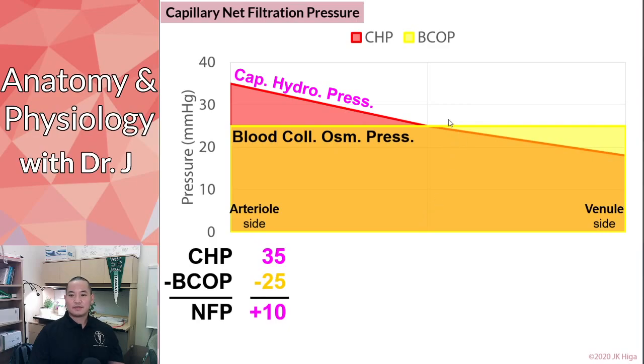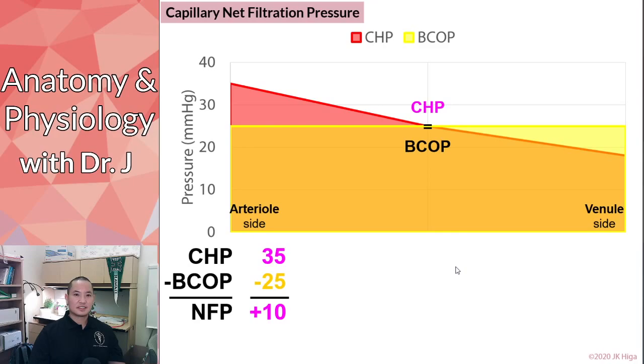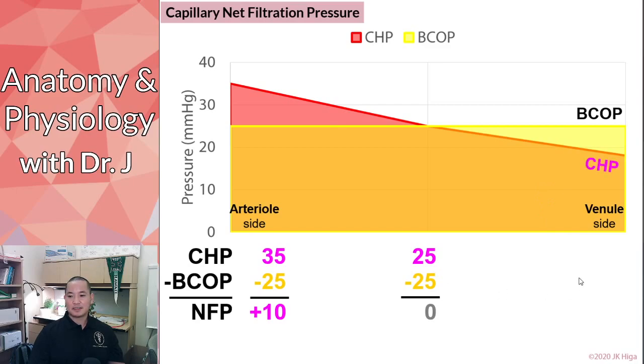Now, what if we go over here where they're equal? When CHP equals BCOP, what is a number subtracted by itself? It's 0, right? So net filtration pressure is 0. And over here on the venous side, remember that capillary hydrostatic pressure drops off as you go from arterial to venous. BCOP is still going to be the same, 25.